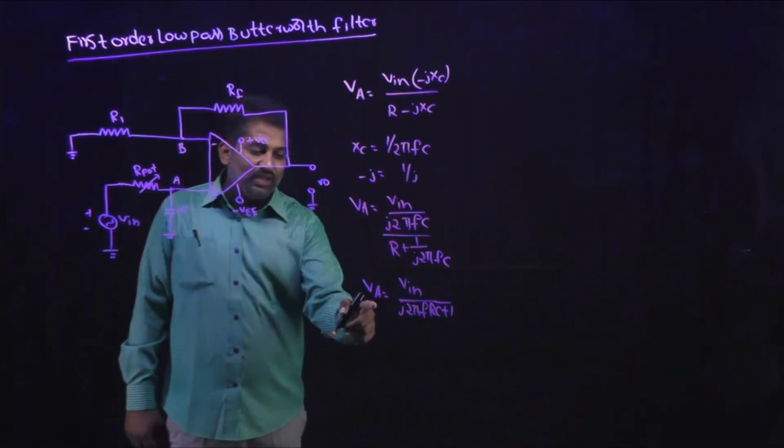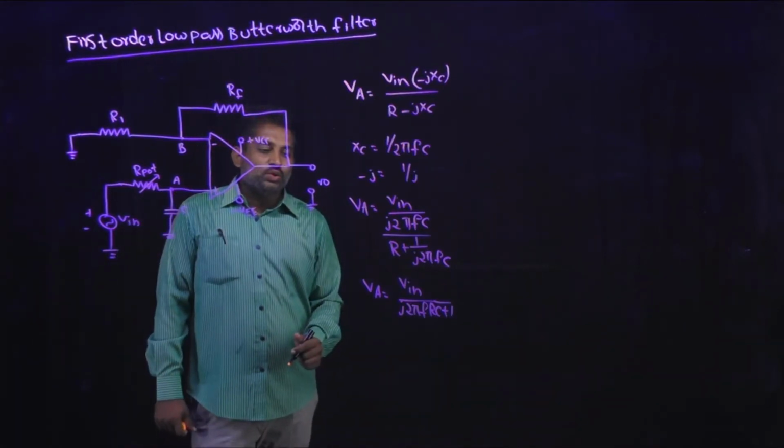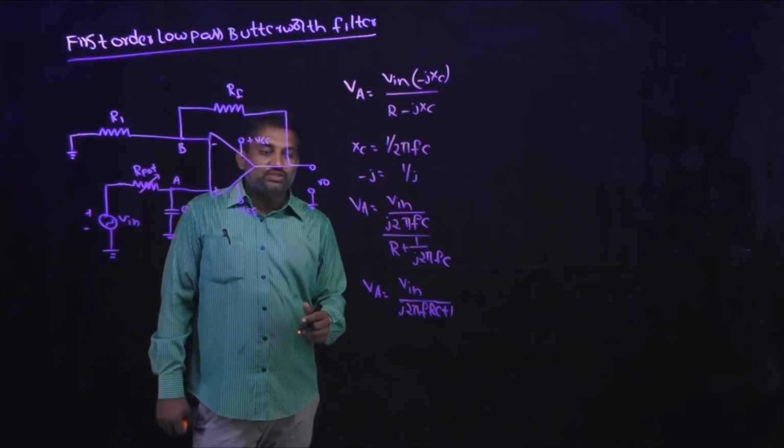Finally, the voltage at node A is VA equal to Vin divided by j 2 pi F R C plus 1.